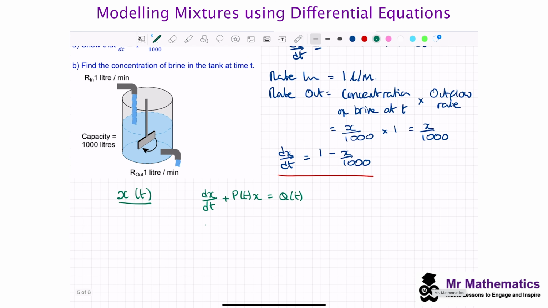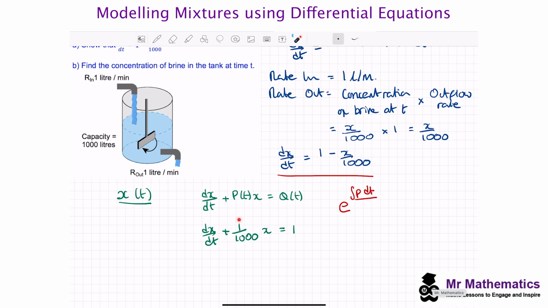So now we have dx by dt plus, and I'll split up this x over 1000 as 1 over 1000 multiplied by x, and this is equal to 1. So q is 1 and p is 1 over 1000. And the integrating factor will be e raised to the power of p integrated with respect to t.